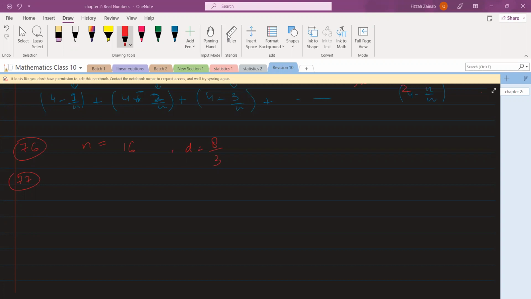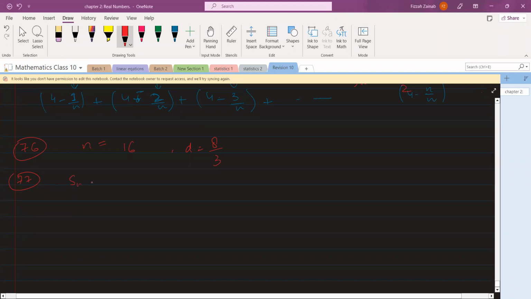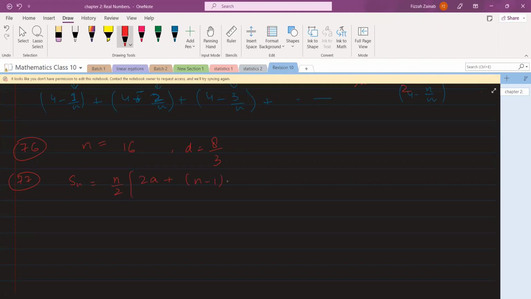Martin, should I help? See, this one is very easy. You know that the sum of n terms is n by 2 into 2a plus n minus 1 into d. Is it fine, Martin? Okay, now two things are given here. Sum of first 7 terms, so that means S7 is 49, right?